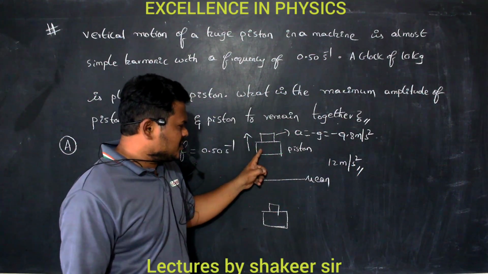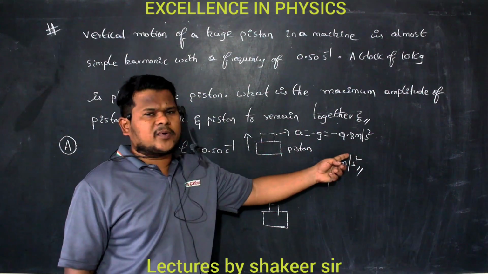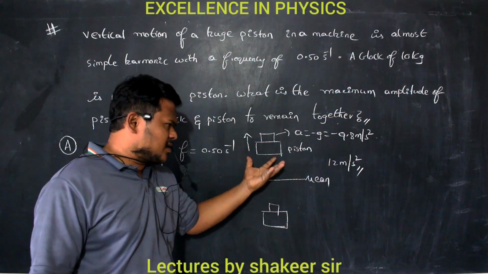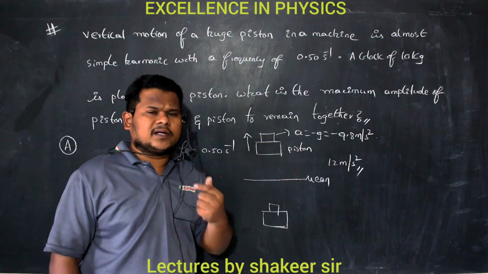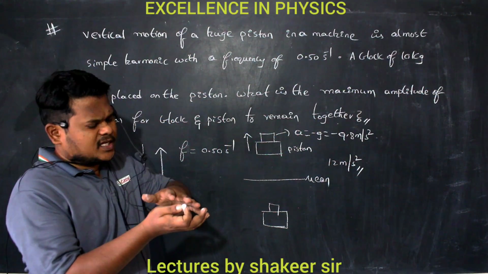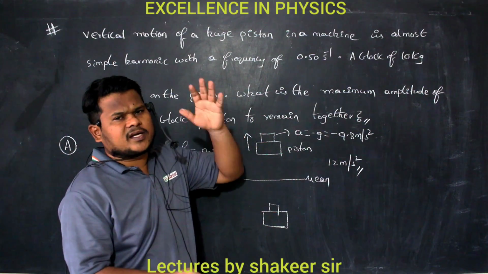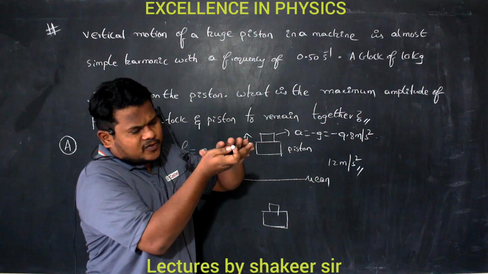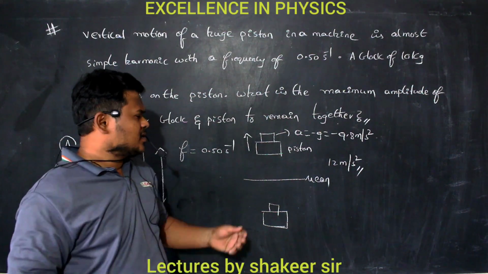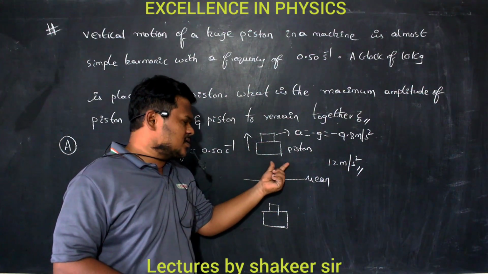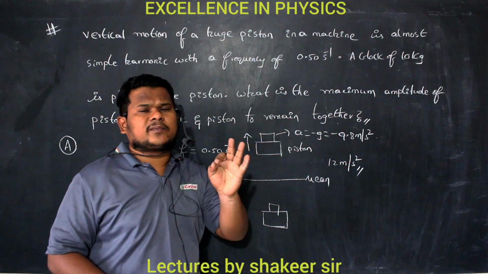So the piston comes down with a greater velocity, but this mass comes down only with an acceleration of 9.8. Then temporarily these two bodies get separated. This is falling with a greater velocity, this is falling slowly, so they will get separated. So the maximum acceleration possible for this piston is only 9.8.